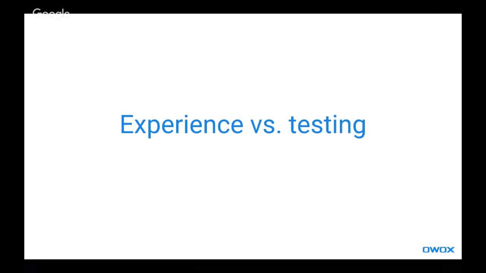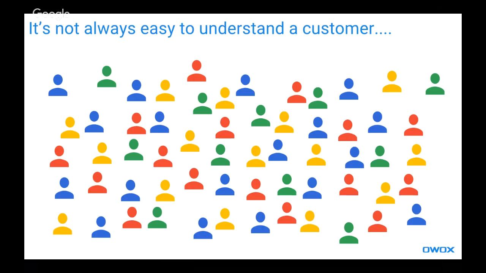If you want, you can answer this question in comments: who runs experiments on the website, and not only relies on the intuition? Most companies, most of the departments, think that using benchmarking, they can implement some changes. But honestly, it's not always easy to understand customers because they use different devices.